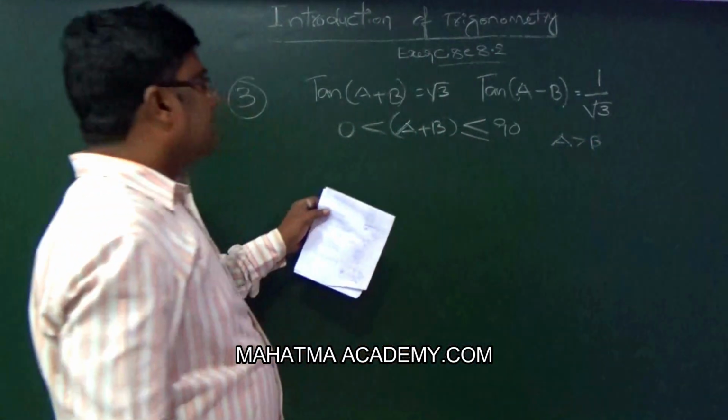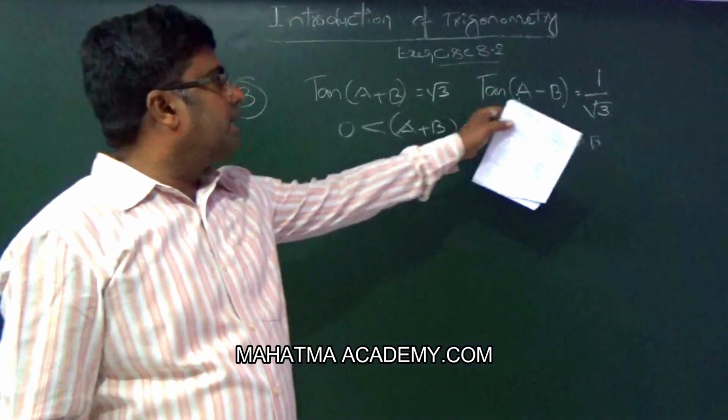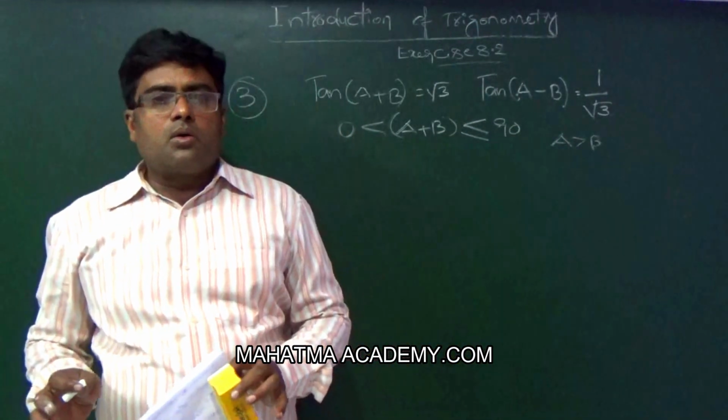These are the conditions, and the question is tan(a plus b) equals root 3, tan(a minus b) equals 1 upon root 3.